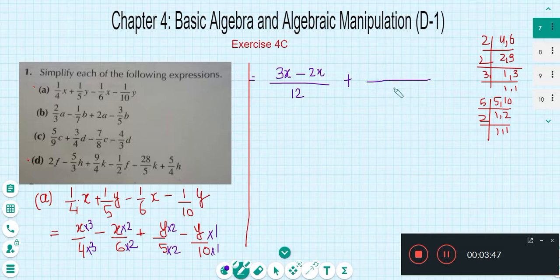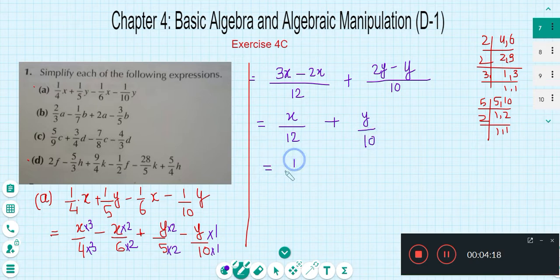So the combined fraction will have denominator 10. y into 2 gives you 2y, and minus y as it is. So in the numerator you can see that 3x minus 2x gives you x, and the denominator is 12 as it is. Similarly, 2y minus y, opposite sign subtraction, so we get y. Or you can also write it as 1 over 12x plus 1 over 10y.